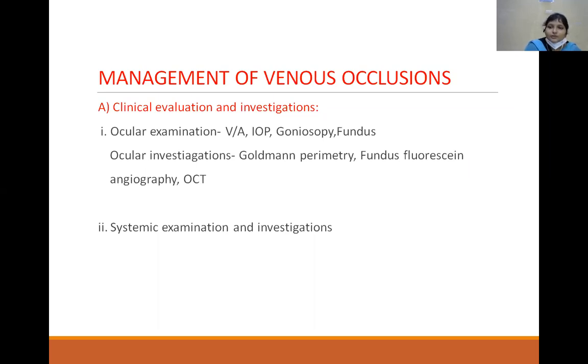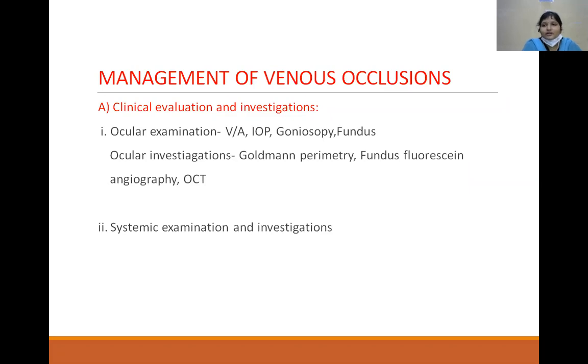Similarly, IOP should be measured because raised IOP, as in primary open-angle glaucoma, is an important risk factor for venous occlusions. Also, in the late stages of central retinal vein occlusion, the patient may present with neovascular glaucoma, in which case IOP will be raised.